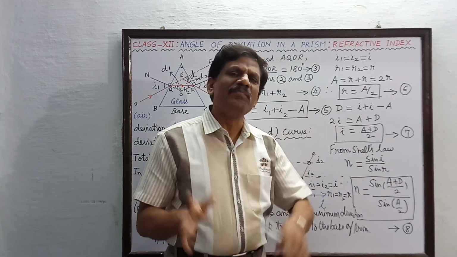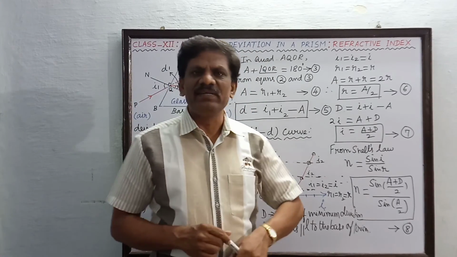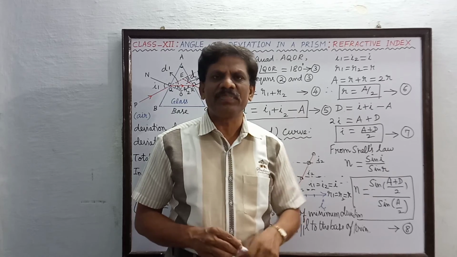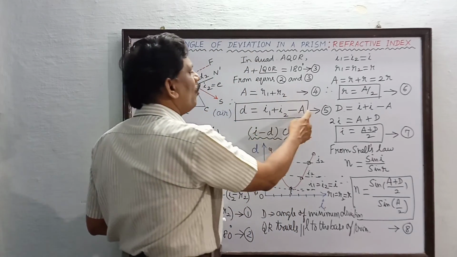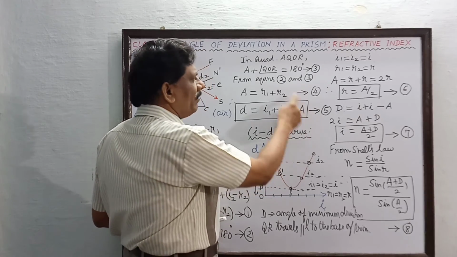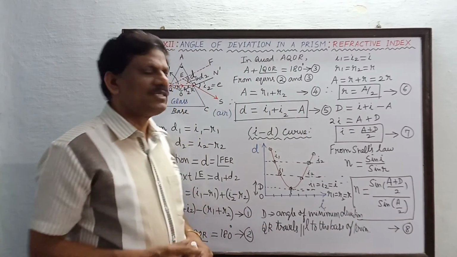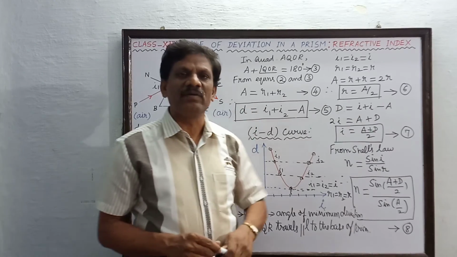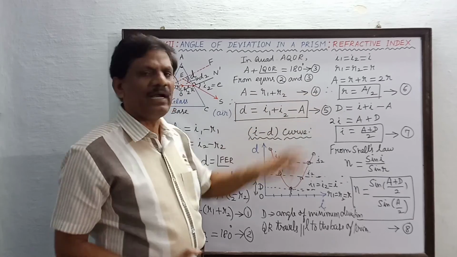This is a very, very important derivation and equation. Now if you look at the previous year NEET question paper and JEE entrance also, these equations 4 and 5, after that this equation 8, using these only many problems have come from optics. So you have to remember the base equations 4 and 5.